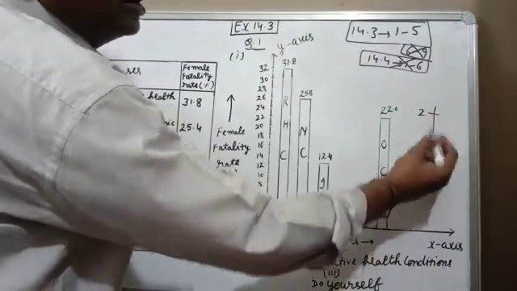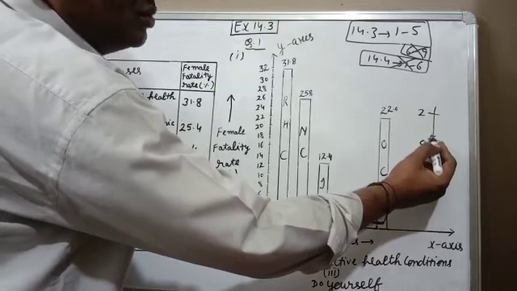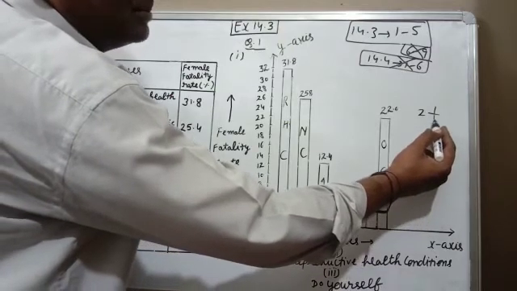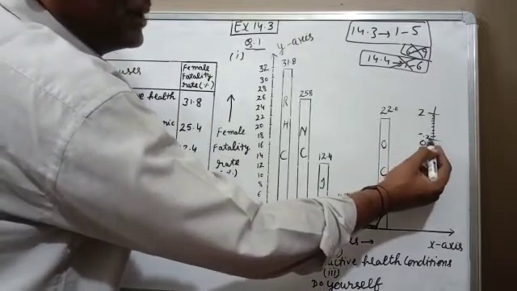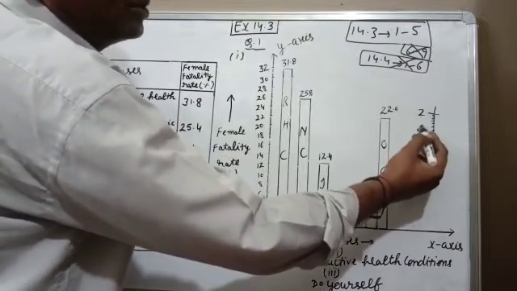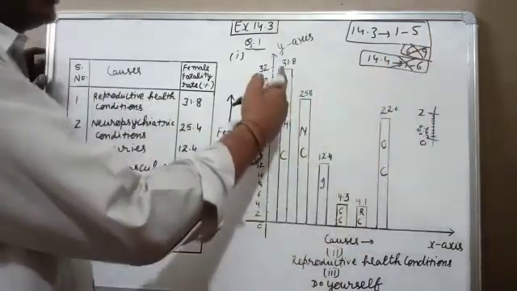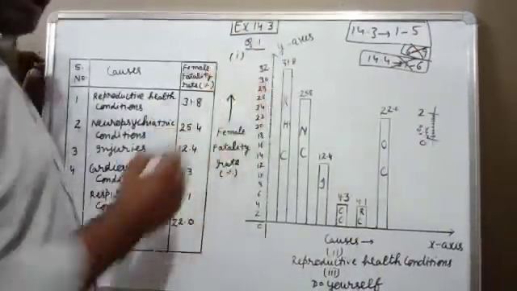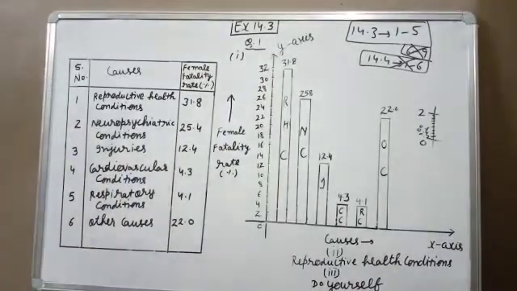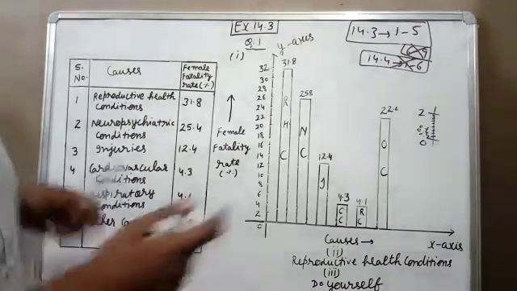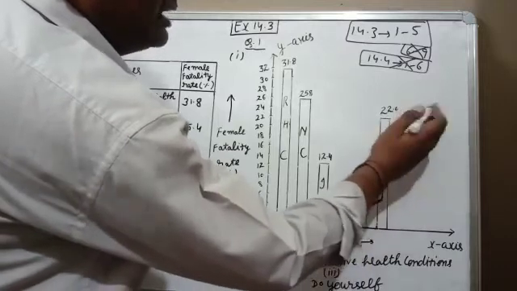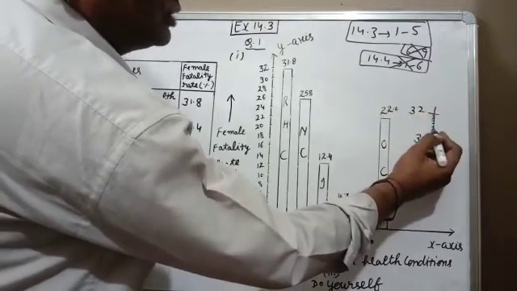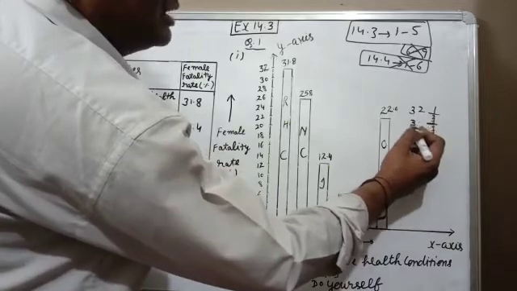Between these two values we have 10 small divisions, so one division equals 0.2, two divisions 0.4, three 0.6, and so on. I want 31.8. First I will find the value 31, which is between 30 and 32. Counting 1, 2, 3, 4, 5, the fifth represents 31.